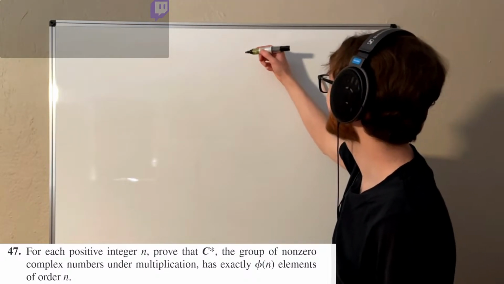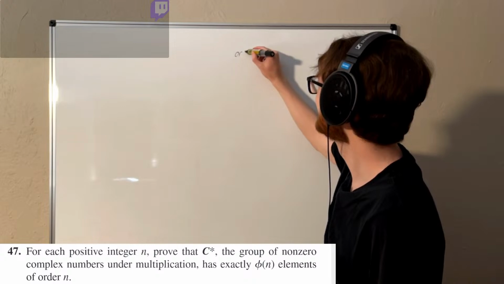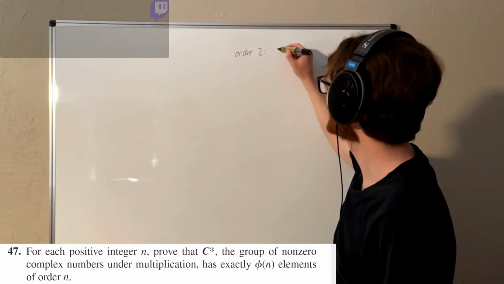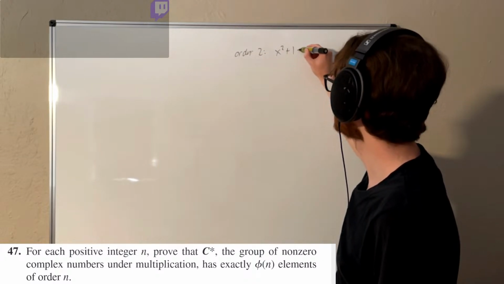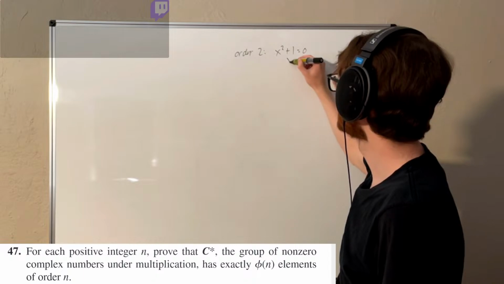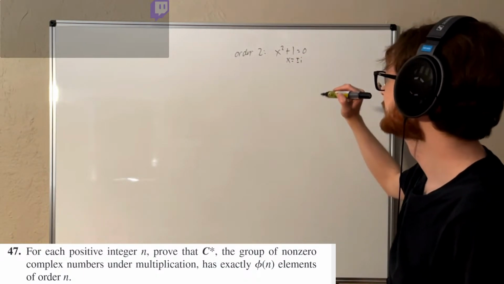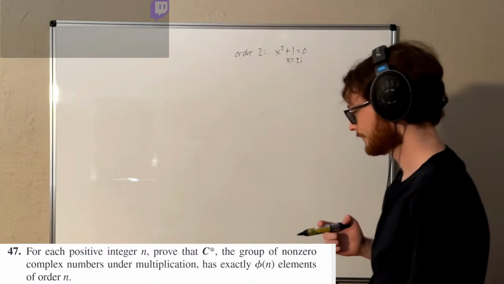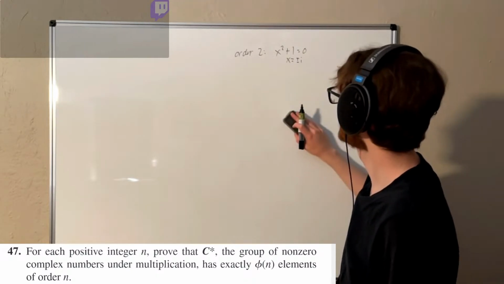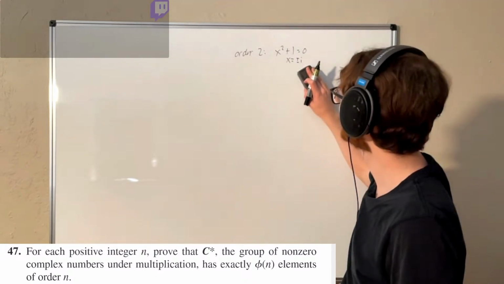So what you're saying is that order 2 comes from x squared plus 1 equals 0, because x is plus or minus i. Is that right? No, sorry. This is order 4.